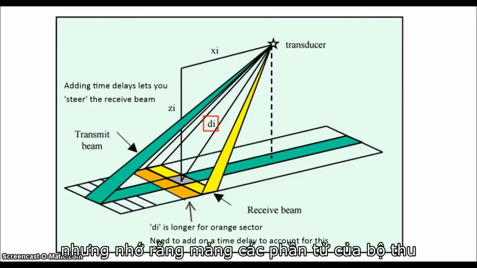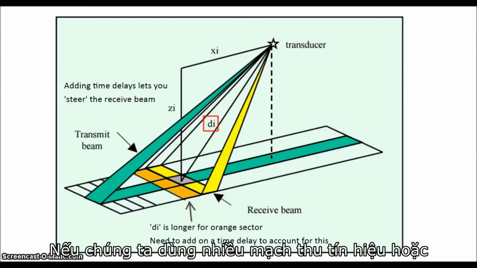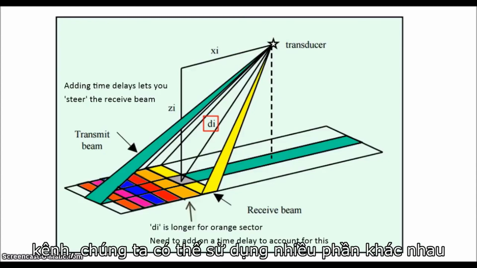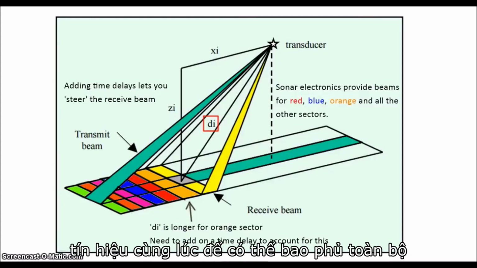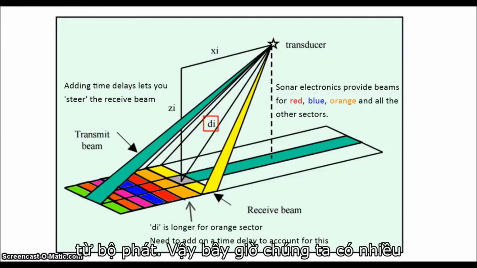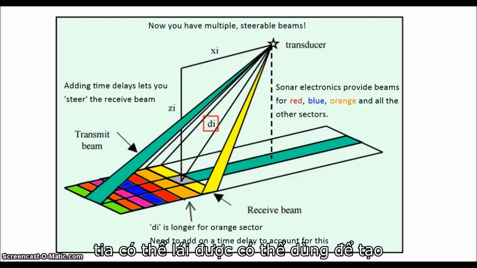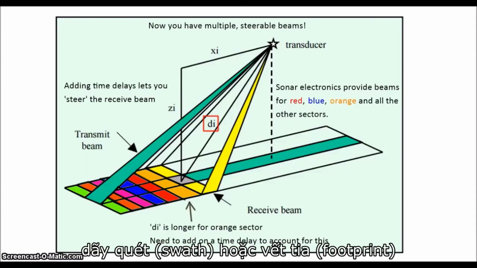But remember, the receiver array is composed of many piezoelectric elements. If we add multiple receiver circuits or channels, we can use different parts of that array and have them all listen at the same time, trying to cover the area of the seafloor insonified by the transmitter. So now we have multiple steerable beams that we can use to form a wide angle of reception, known as the swath or footprint.